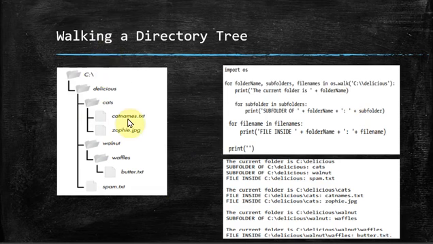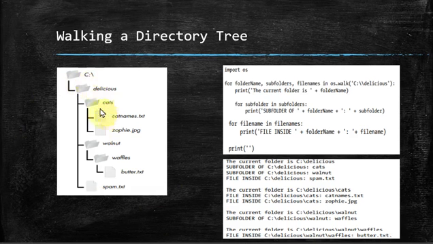Writing a program to do this might be difficult, but Python provides functions to handle this process, and that is what we are going to see in this topic. Here an example is given. You have the C drive, and inside that the folder delicious.